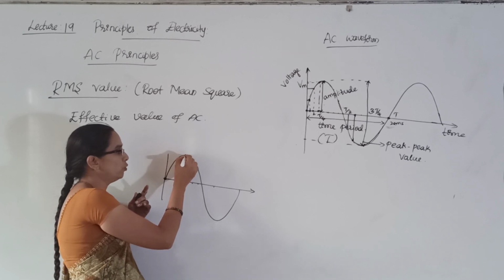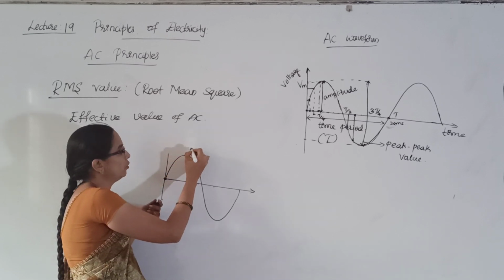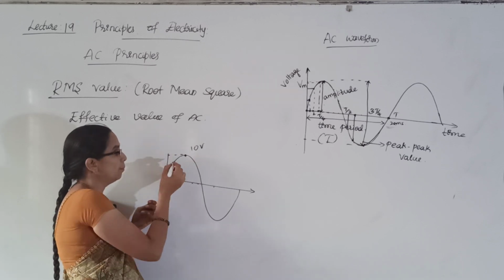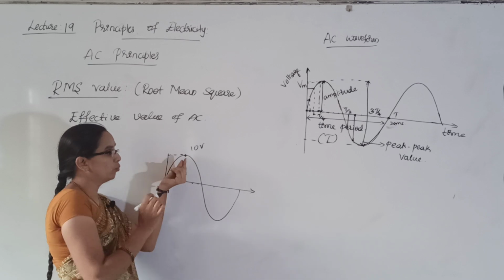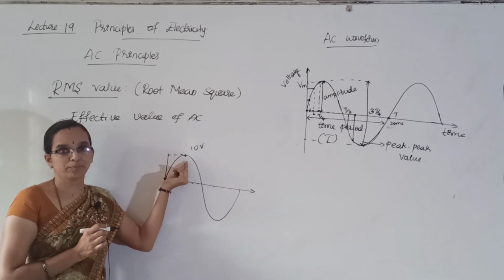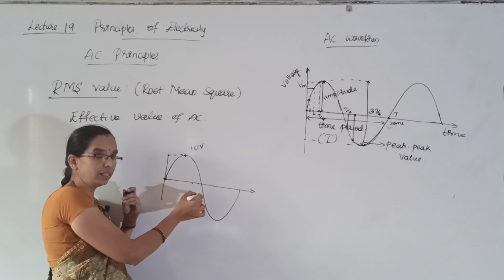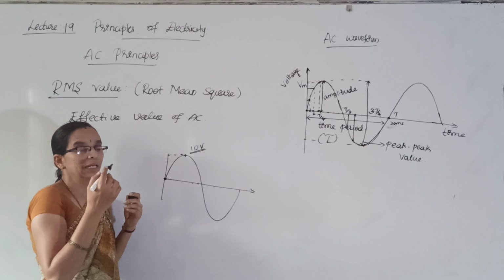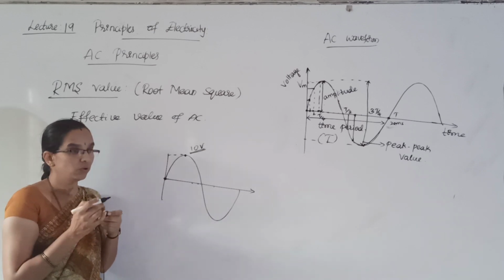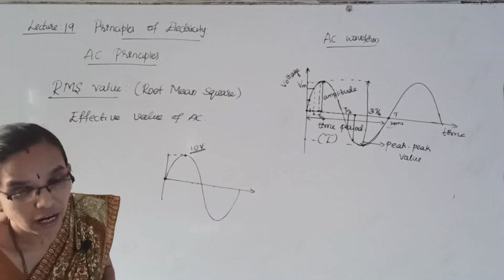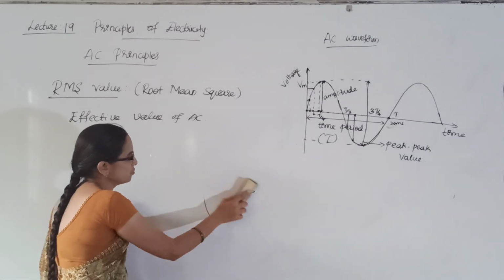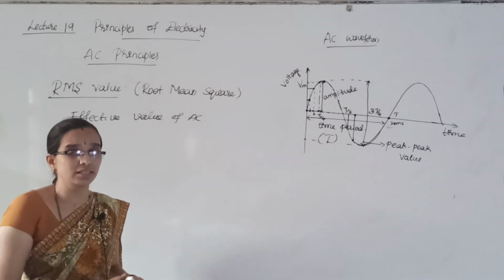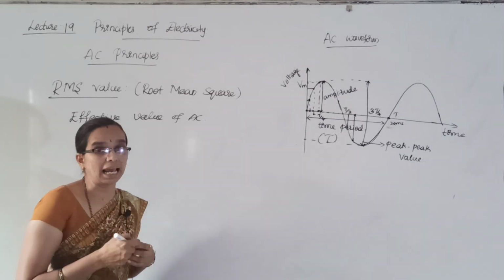So the peak value may be somewhere around 10 volts, but it will be at peak only for a small amount of time. Again it will come down, right? So you cannot treat the effect of the peak as remaining for a long time. So we have to consider the RMS value, and in most cases only the RMS value is measured or used in calculations.